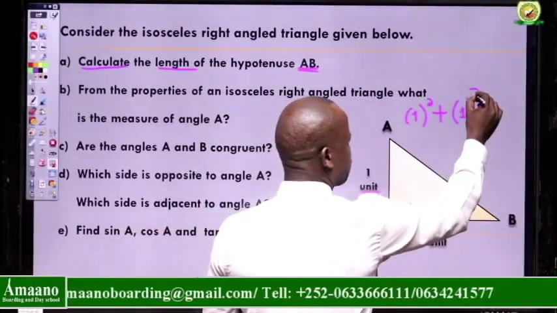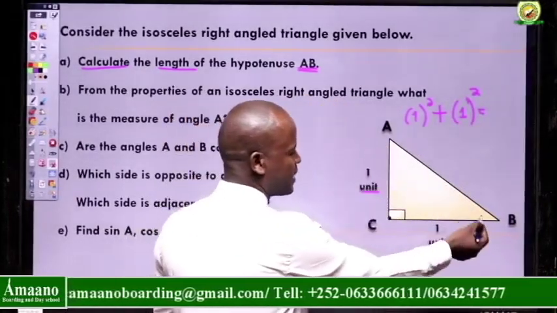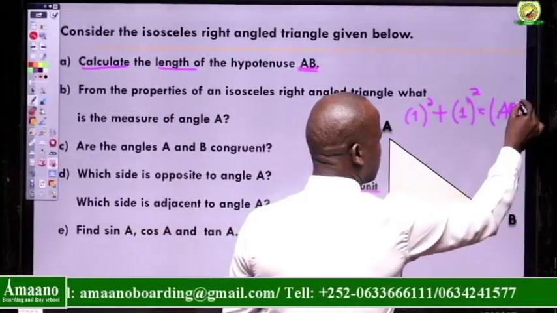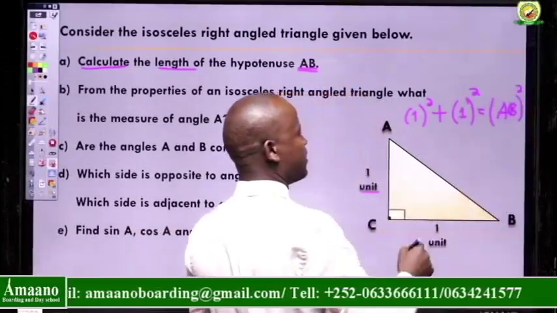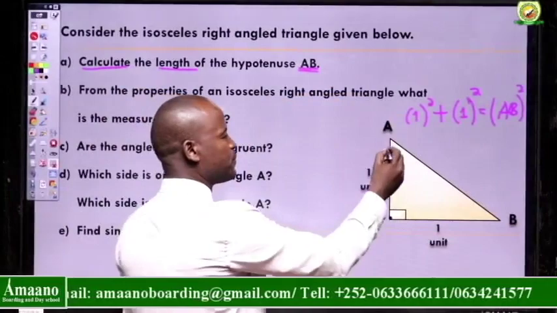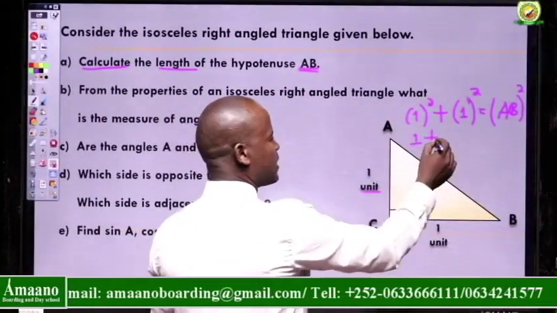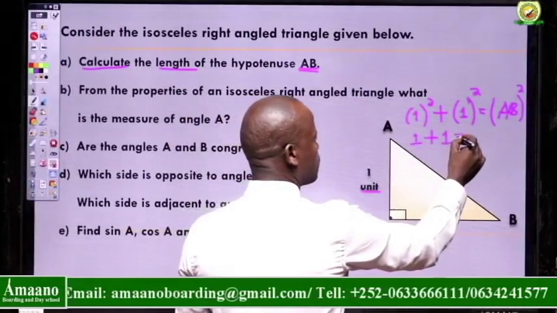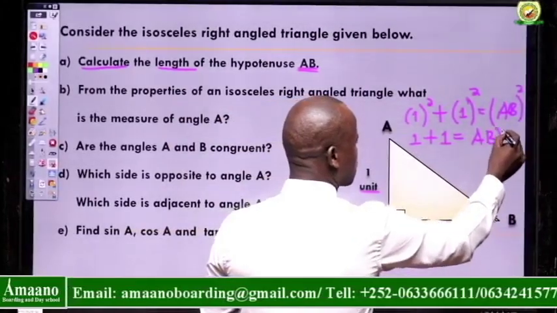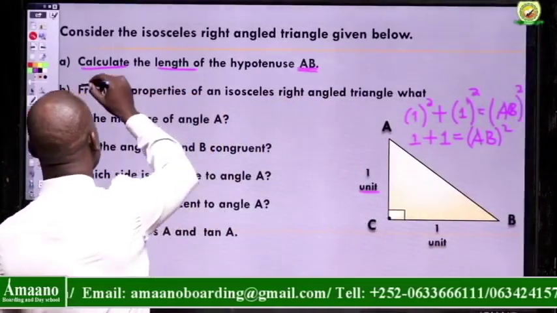So 1 squared is 1, plus 1 squared is 1, which is equal to AB squared. Now add the two values, 1 plus 1.